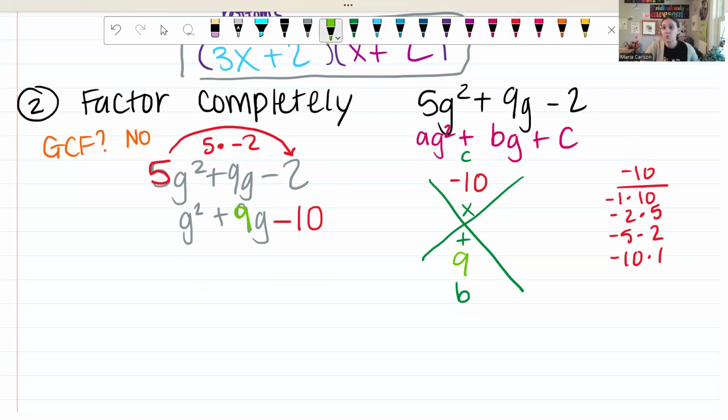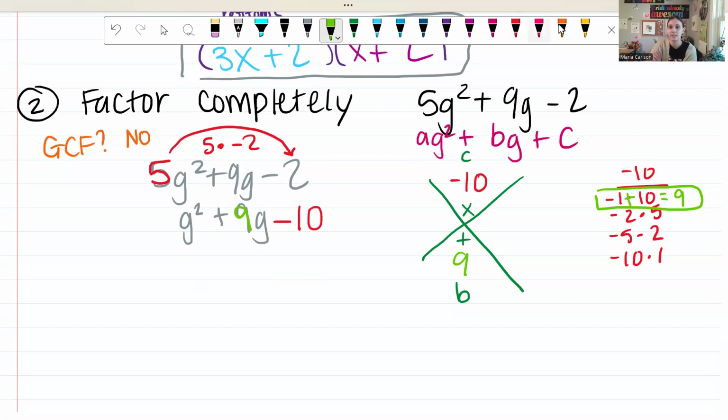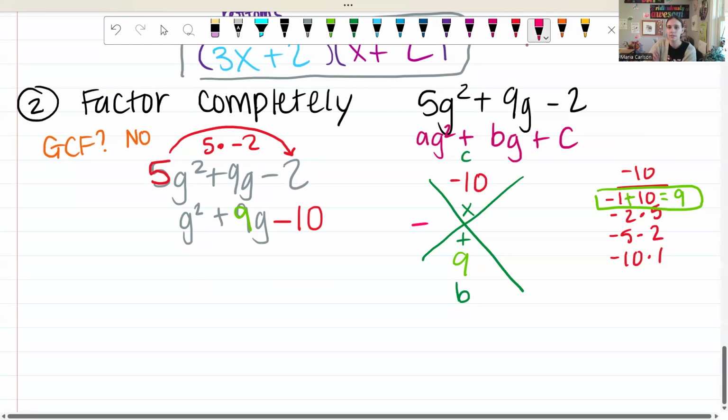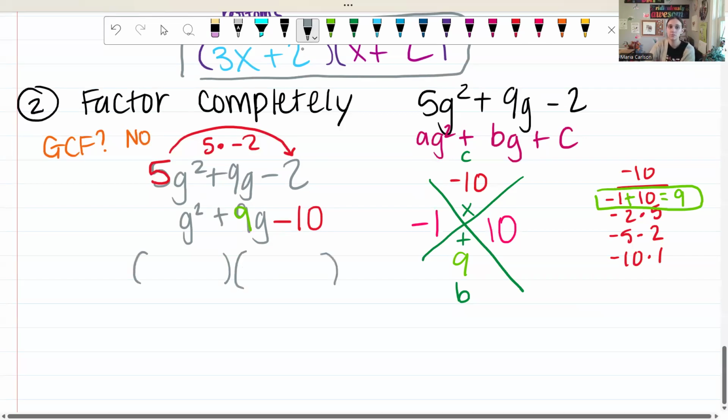Looking at the first one, where 10, the larger number, is positive, and adding these, -1 plus 10 gives me 9. So I don't even really need to test any of the other ones. Our x factors here that we will be using are -1 and 10. So now I can factor this trinomial using the x factors.